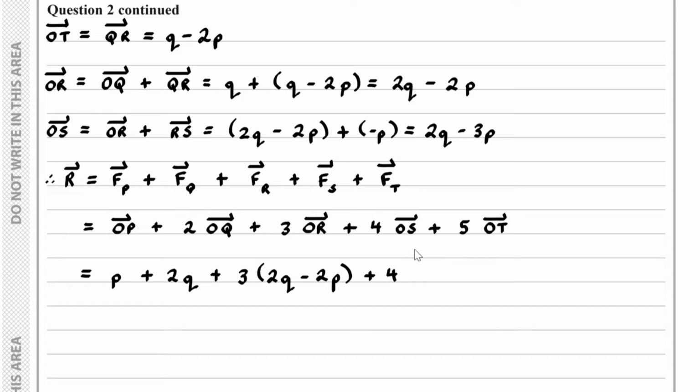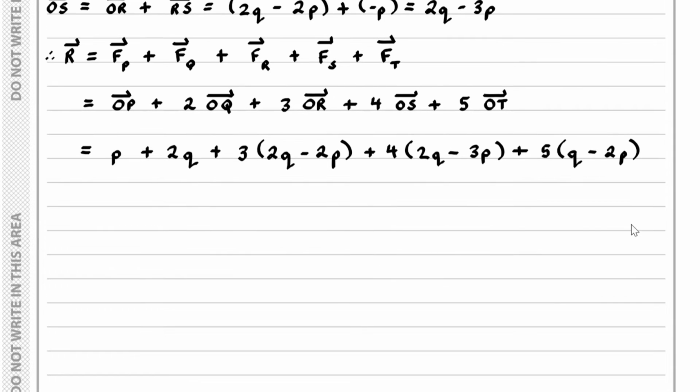Now OS is 2Q subtract 3P. And then we've got 5OT, and OT is given by Q subtract 2P.